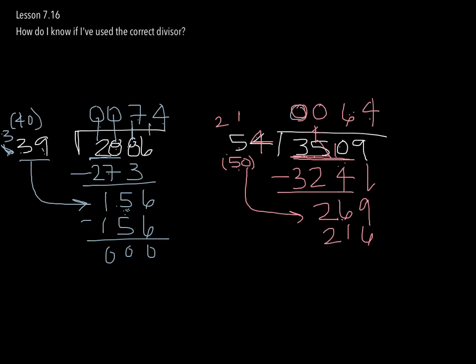Now let's subtract. 9 less 6 is 3. 6 less 1 is 5. So this number is less than the divisor, so I'm okay. Remainder 53. Hopefully you got those two answers. If not, check and see where you made your mistakes, and then we'll be ready to move on.